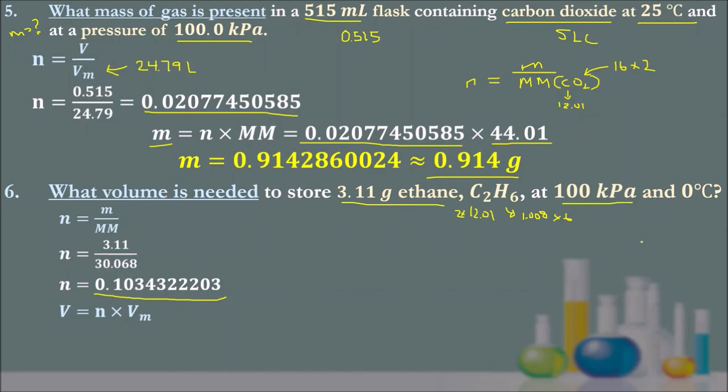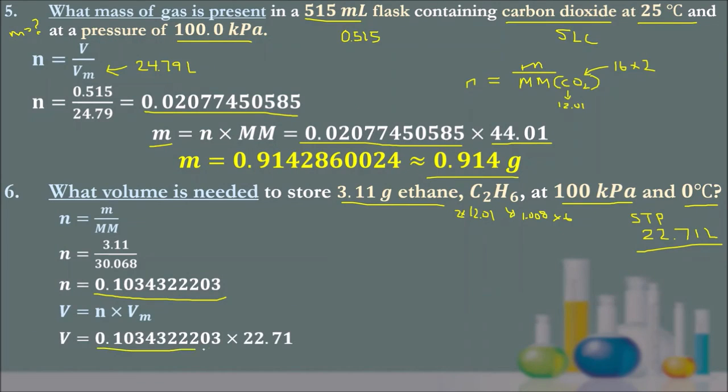Okay, pressure 100 kilopascals, temperature 0 degrees Celsius. So this time it's not standard lab conditions, this is standard temperature and pressure. And we know that when that happens, we use this number, 22.71 liters. So we put that in.